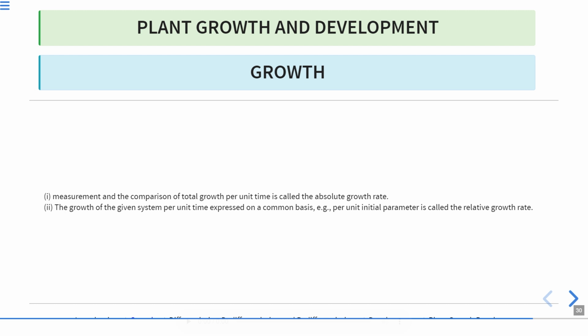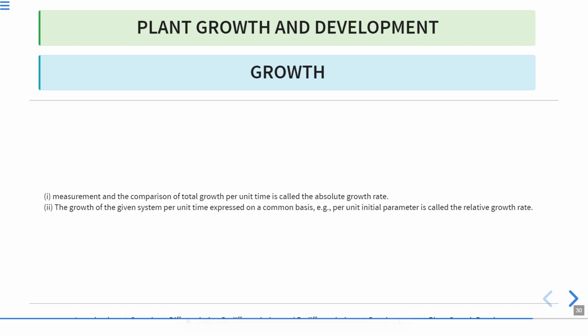First, the measurement and comparison of total growth per unit time is called absolute growth rate. So you are considering the total growth of the plant per unit time, and that is called absolute growth rate.